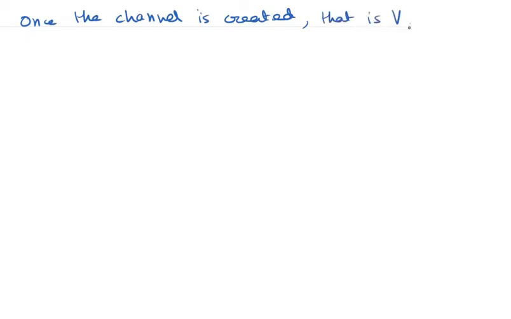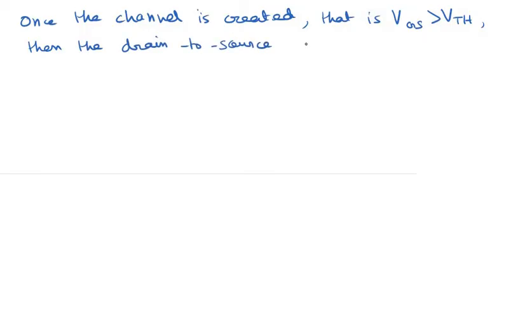Once this channel is created, that is, VGS surpasses this value of VTH, the threshold voltage, then the drain to source current increases with increasing VGS.